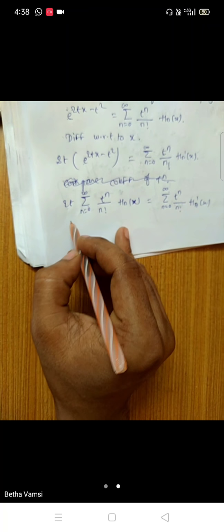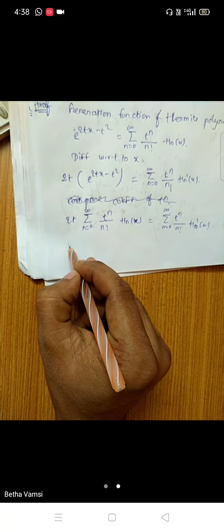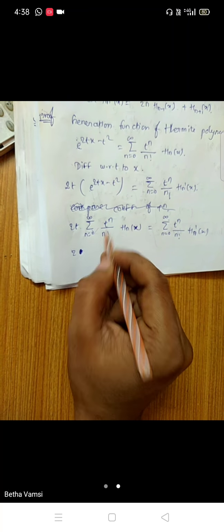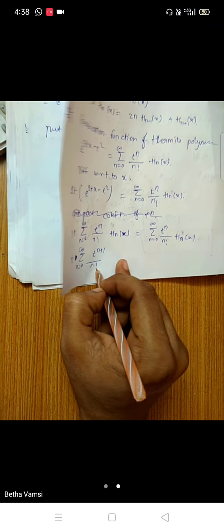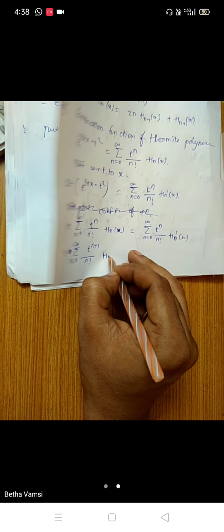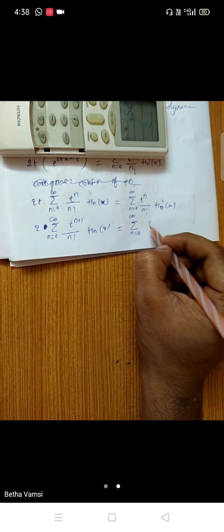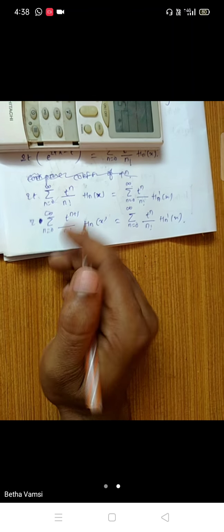If you compare the coefficients of t power n, so now if you expand the above expression, so 2t, if you bring t inside, summation n is equal to 0 to infinity t power n plus 1 divided by n factorial into Hn of x, which is equal to summation of n is equal to 0 to infinity t power n divided by n factorial H prime n of x, right? So if you expand this summation, what do you get?